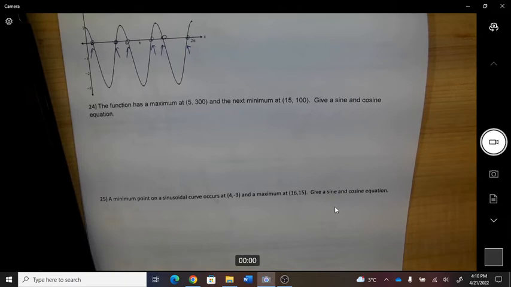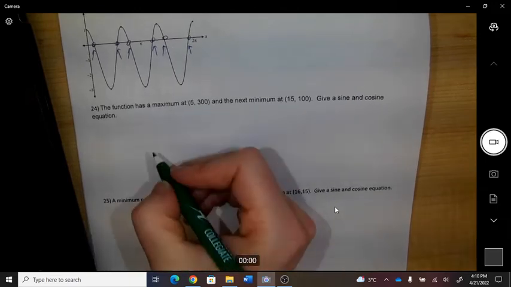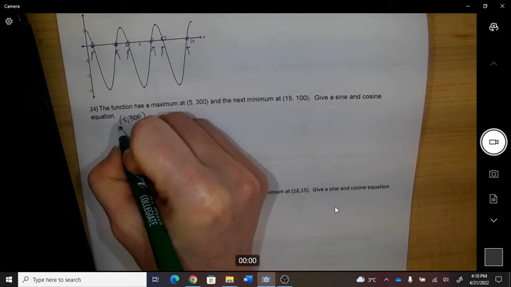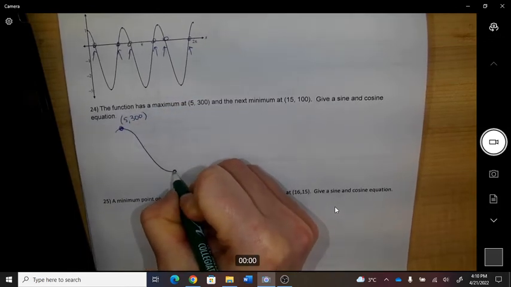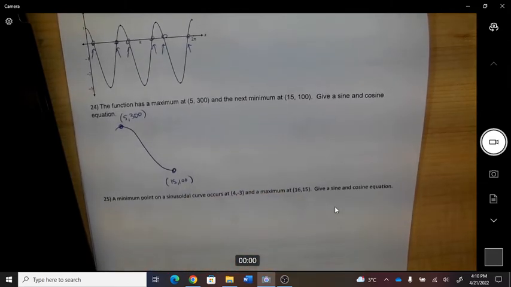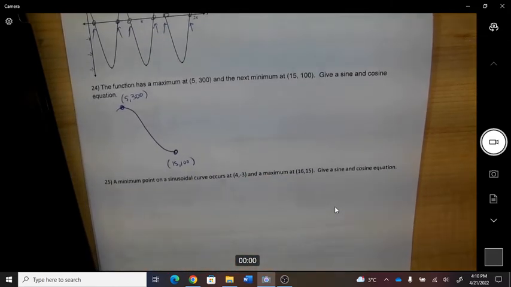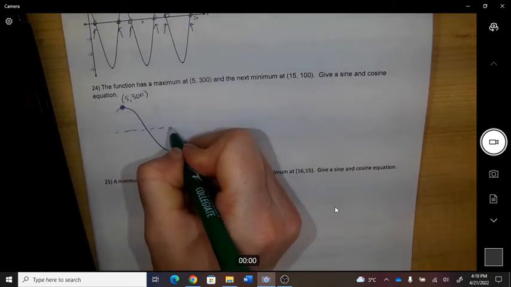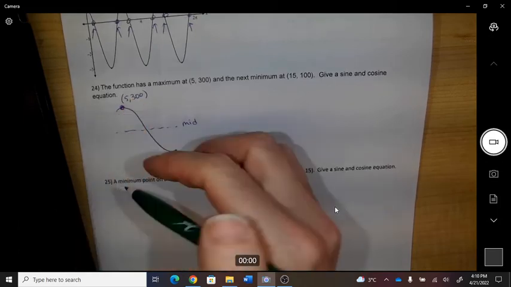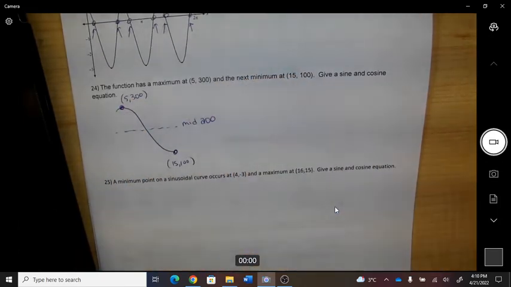So a function has a maximum at 5, 300, and then a min. So give a sine and a cos equation. So first let's find what middle height we would be at. So 100 and 300 means the middle is 200.